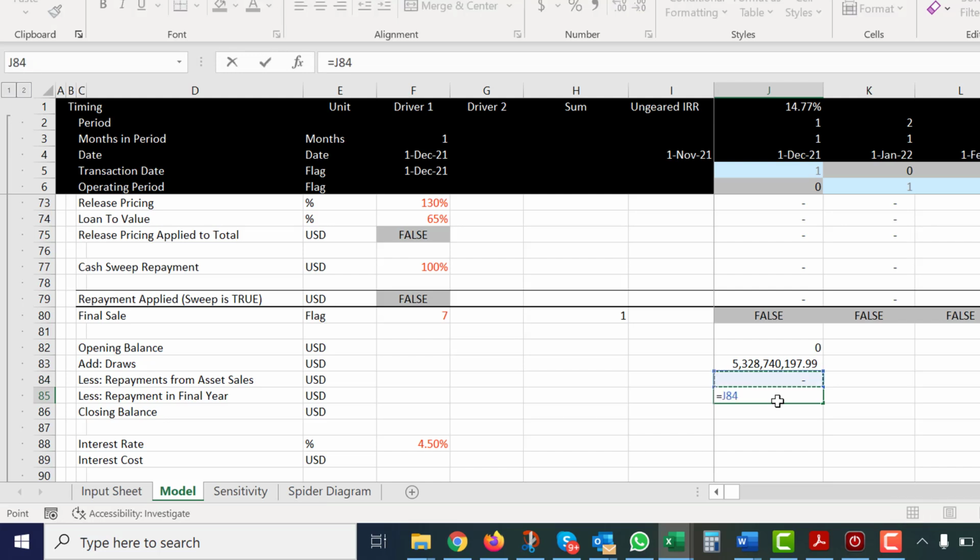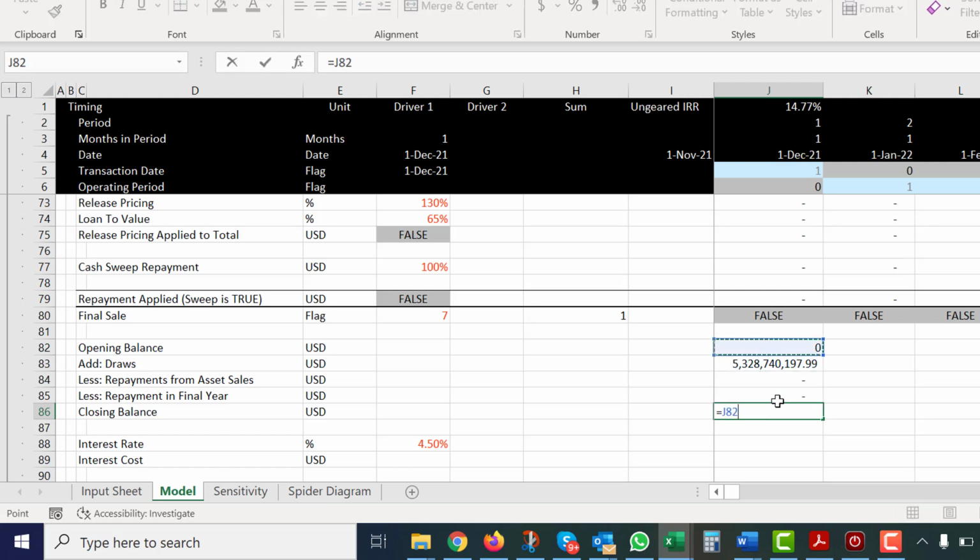And then I'm going to take the opening balance. We will never have any additions, but minus the amount we already paid, and multiply that by this number to make sure I pay everything in the last year. And what happens if I have negative cash flow?